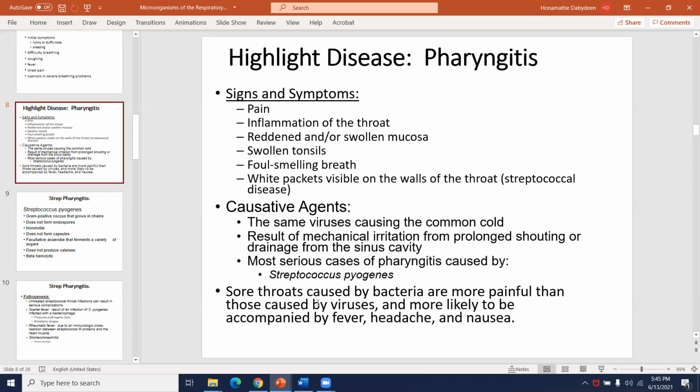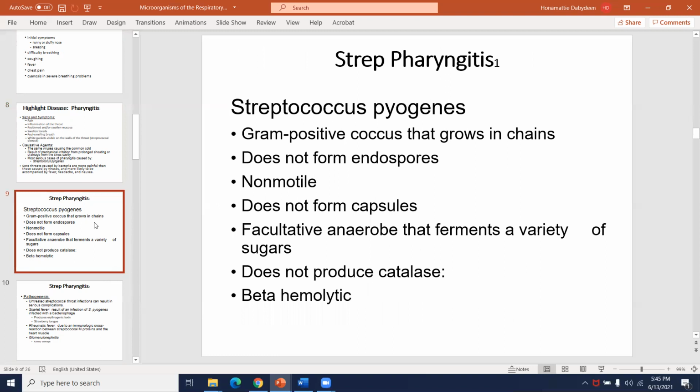And usually they are accompanied by fever and headache and nausea and things like that. But like I said, I am going to just focus on the strep pharyngitis. But I want you to keep in mind that many different organisms could be causing pharyngitis.